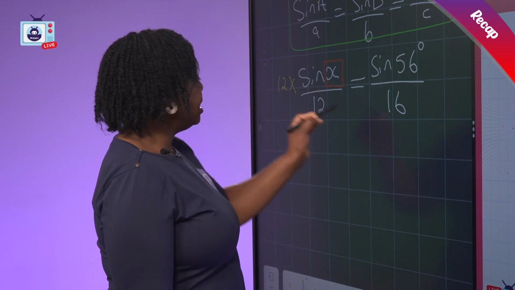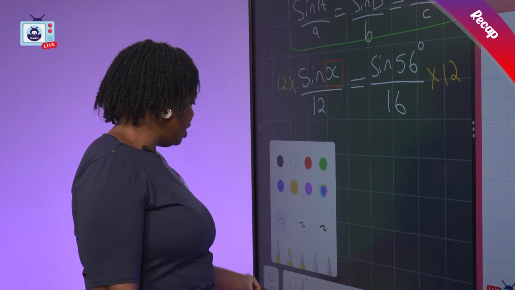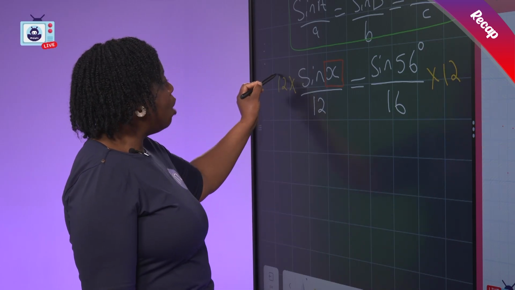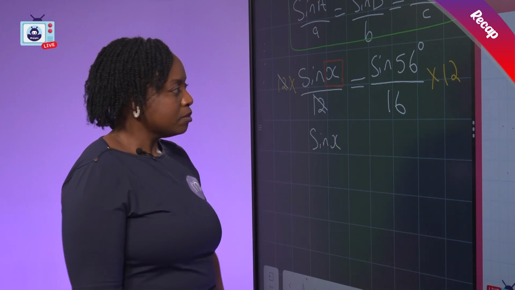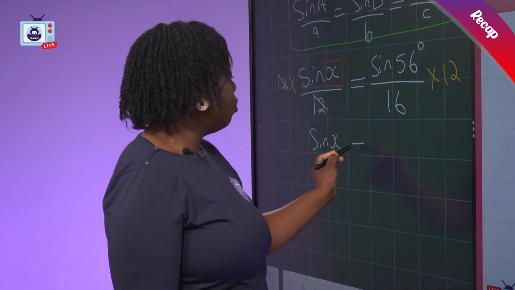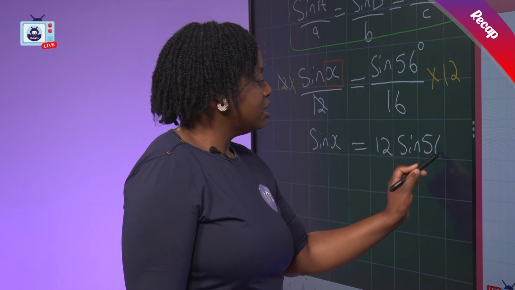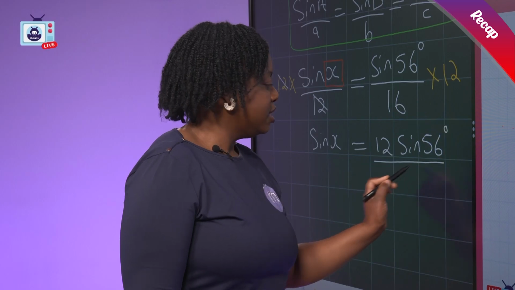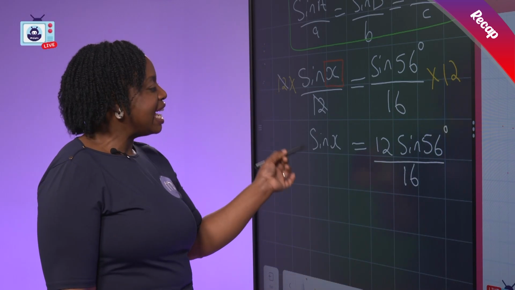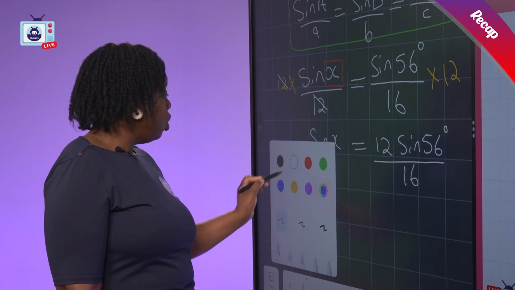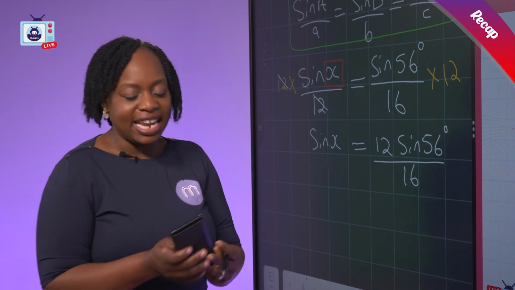If I multiply this side by 12 and that side by 12, on my left side, I will remain with just sine x. Then on my right hand side, I'm going to have 12 sine 56 divided by 16. That's what I'm going to have. So for me to find the angle x, I need to put the arcsine. Someone was asking me, how do we then get the arcsine?